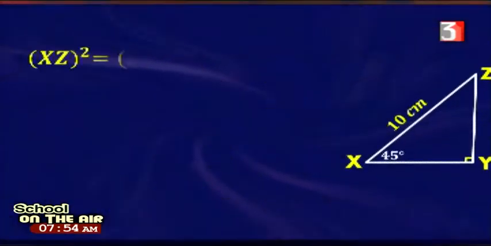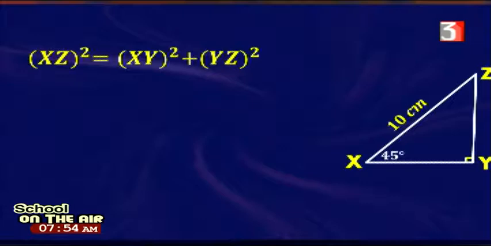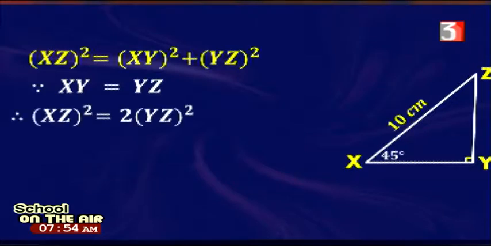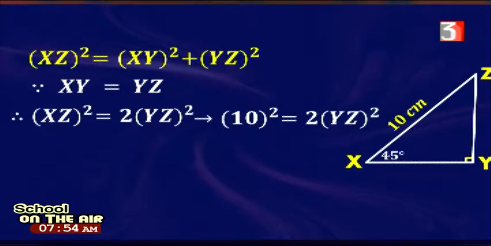Now, you are going to think carefully. Can you find it? Of course, yes. XZ to the power of 2 equals XY to the power of 2 plus YZ to the power of 2, which is the rule of Pythagoras theorem. Then you are going to find that XY equals YZ, then XZ to the power of 2 equals double YZ to the power of 2. And in this case, we can say that 10 to the power of 2 equals 2YZ to the power of 2.